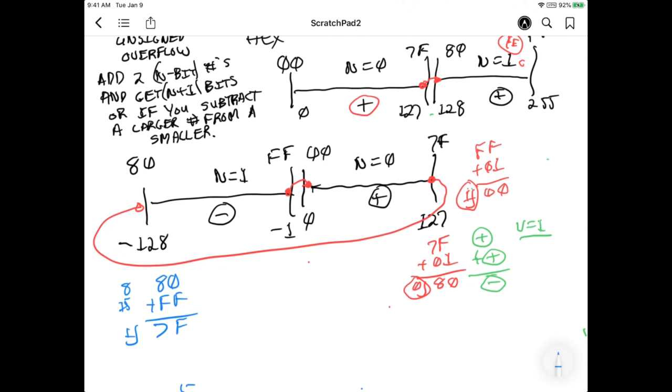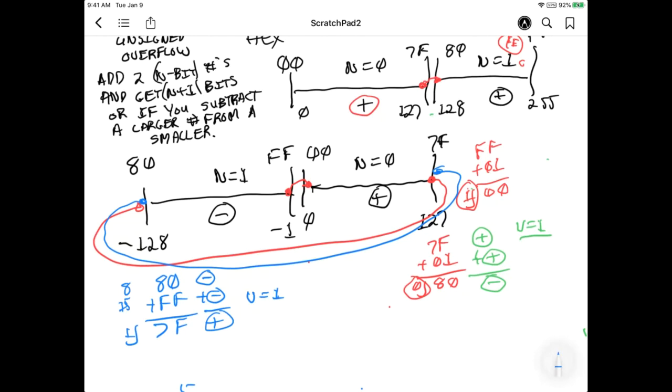Let's take a look at what that means graphically here. We started being the most in debt that we possibly could be. We go another dollar in debt, and now we have all the money in the universe. I wish my accountant could work like that. So this is a negative, and we're adding a negative, and we got a positive. So in this case, V equals 1, and V means signed overflow.